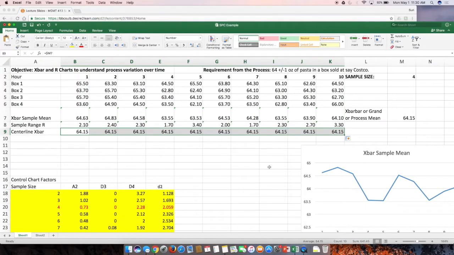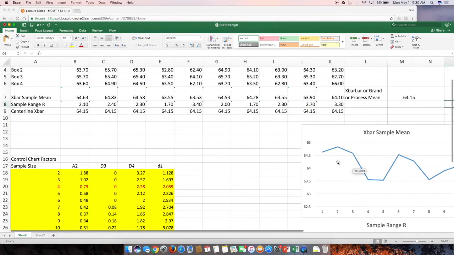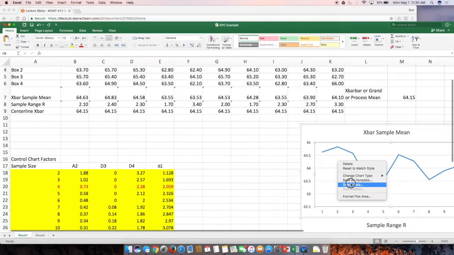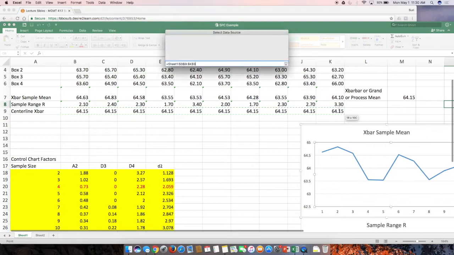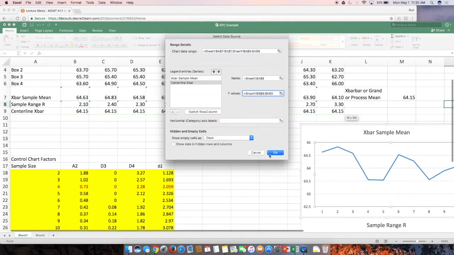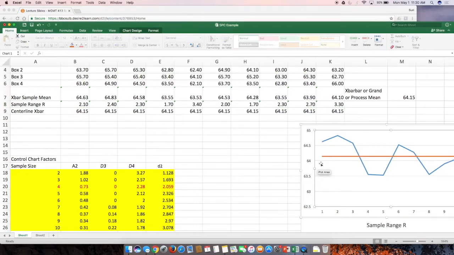Everybody okay? Now, how do you add it? You can just right click on the graph, select data, and add your center line, and the values are... just add that line to your graph.